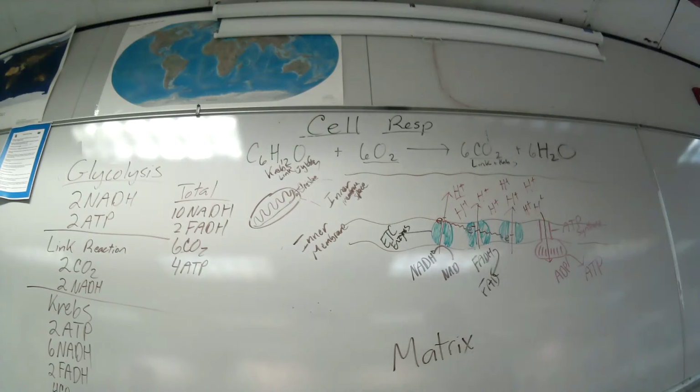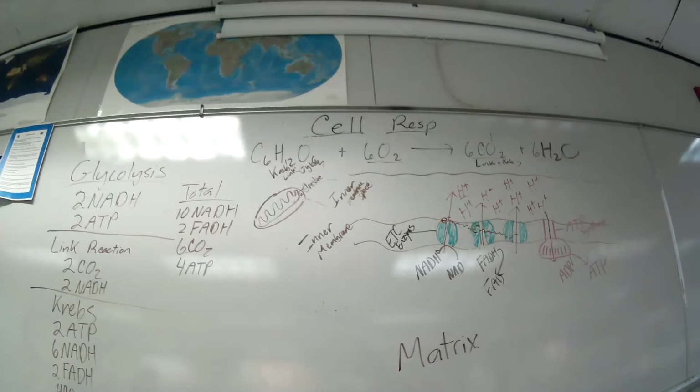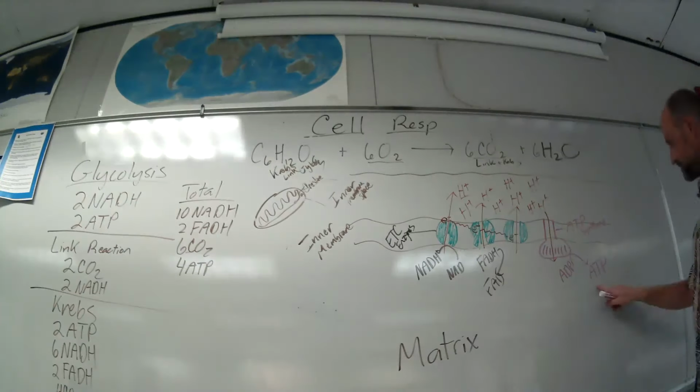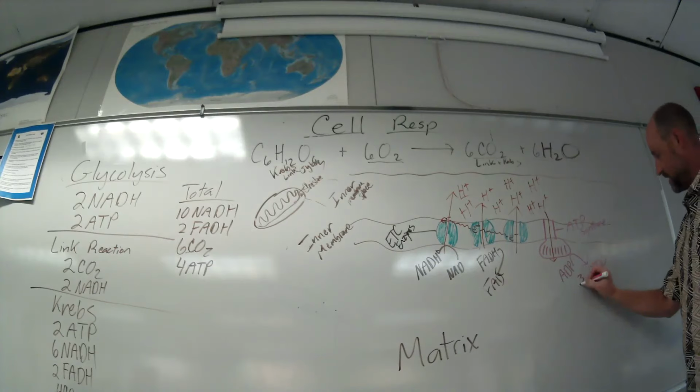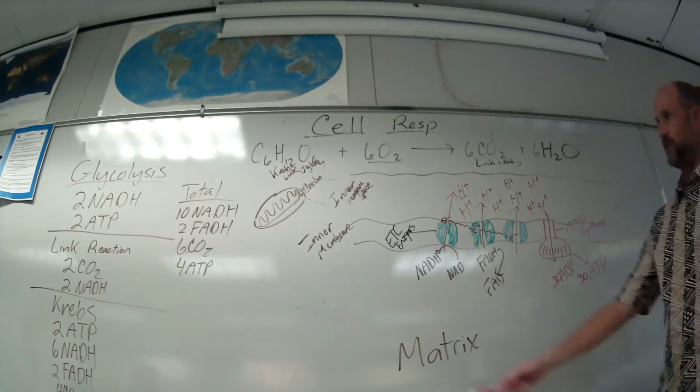Make sure you guys can see that. Okay, good. So we have now phosphorylated it to ATP, and we're actually going to make about 30 of these. In a perfect situation, this would happen 30 times for every glucose.